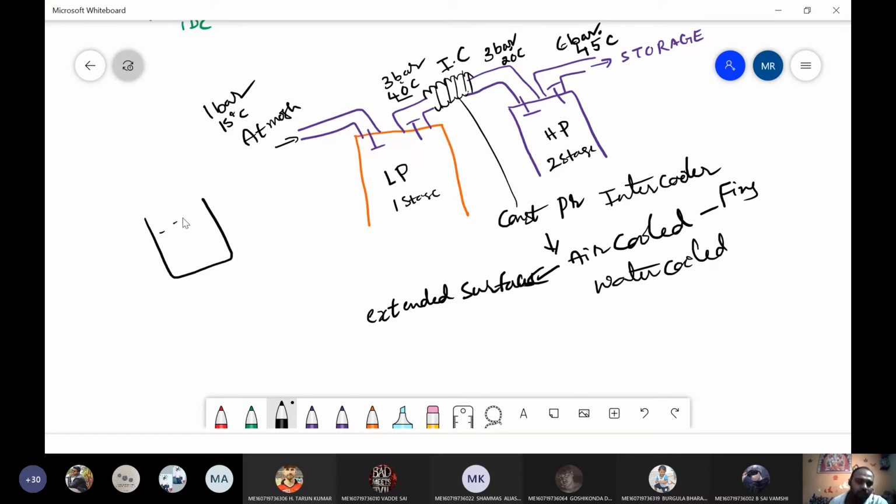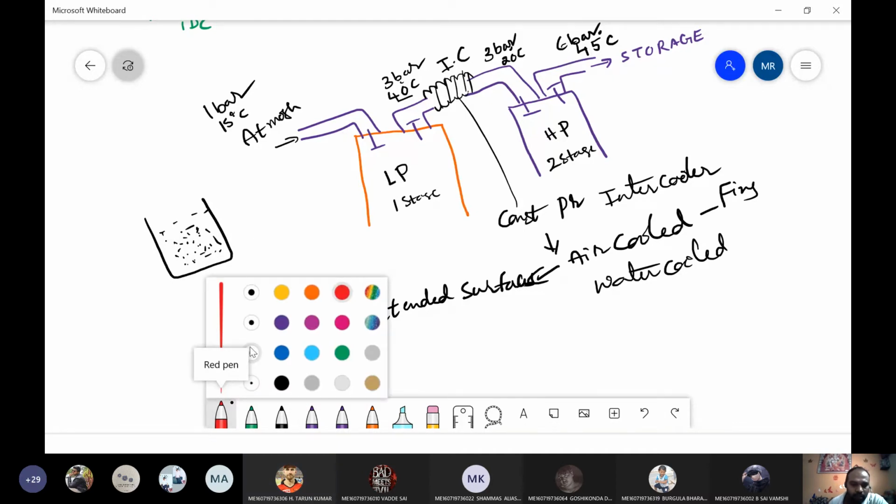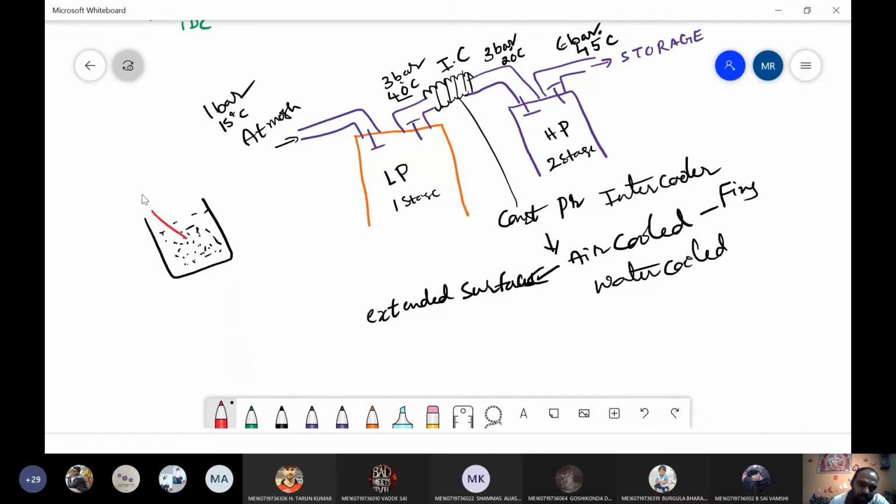We have a ball. For cooling purpose, we are using fins. That's what I'll explain here with the help of a figure. Let us assume the temperature of the water inside this one is 100 degrees centigrade. Now I have the same bowl.